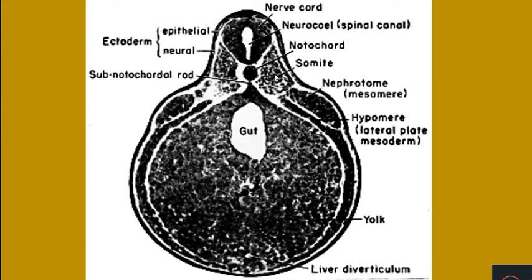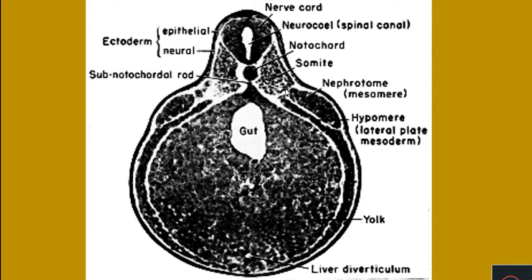So we will first go to the dorsal most mesodermal tissue. It is called somite or epimere. Then there is a ventral mesodermal tissue, this one, which is called the hypomere. So it is the ventrolateral plate, you can see. This is the ventral and lateral plate, which is called a hypomere.